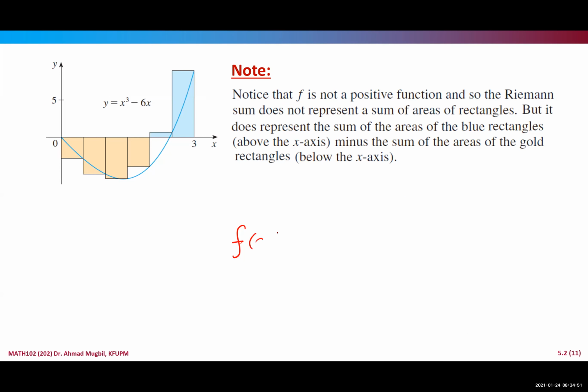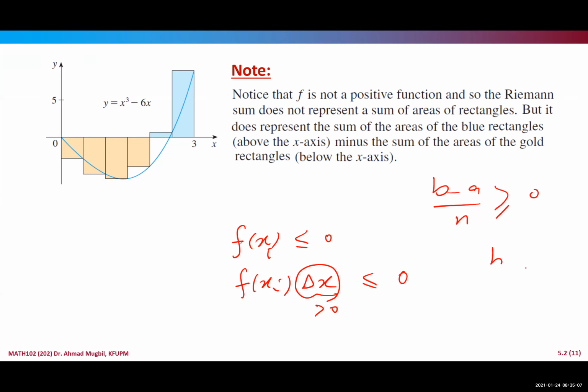Because if f of x is negative and you multiply f of xi by delta x, it will still be negative, because delta x is positive. Delta x, b minus a, is always positive because b is greater than a. So we are adding some negative values to each other.